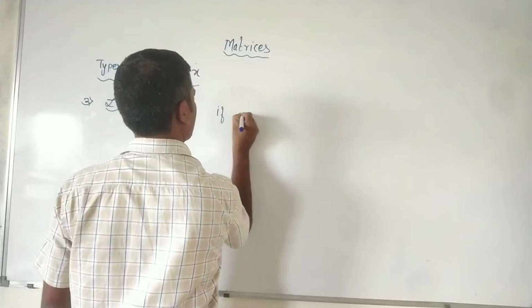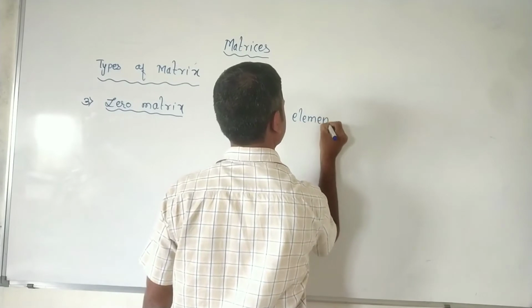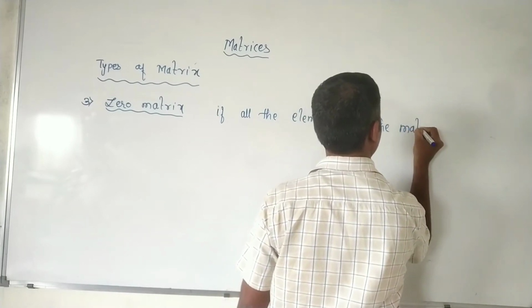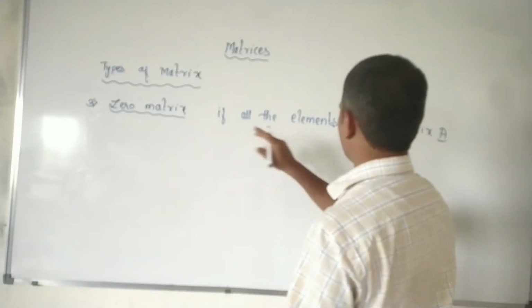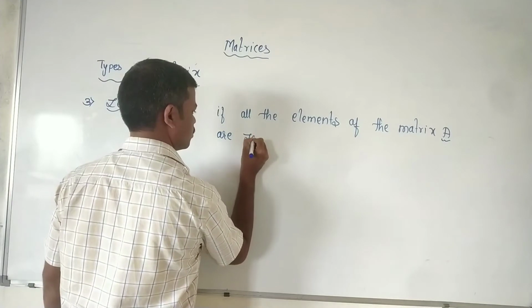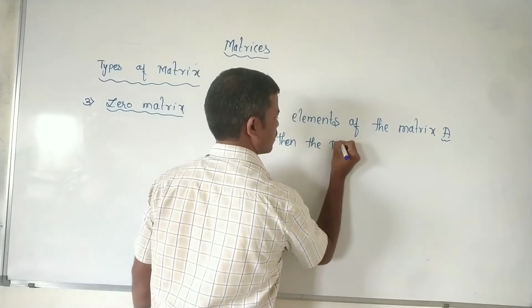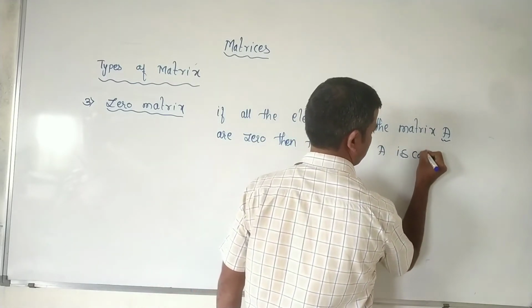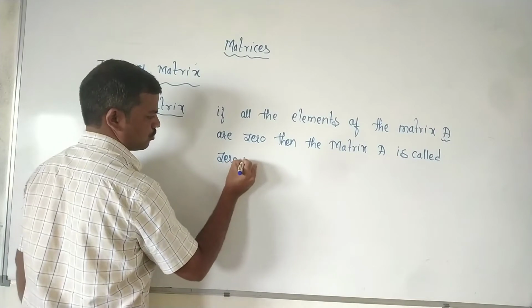If all the elements of the matrix A are zero, then the matrix A is called the zero matrix.